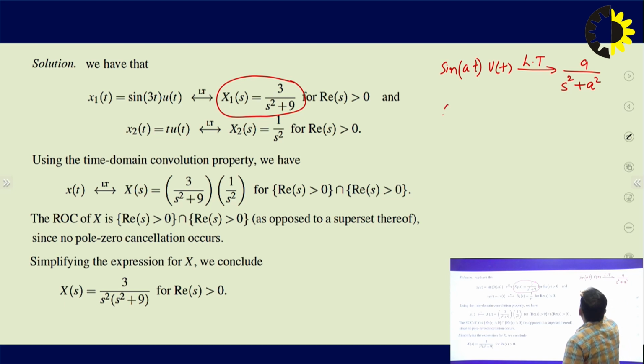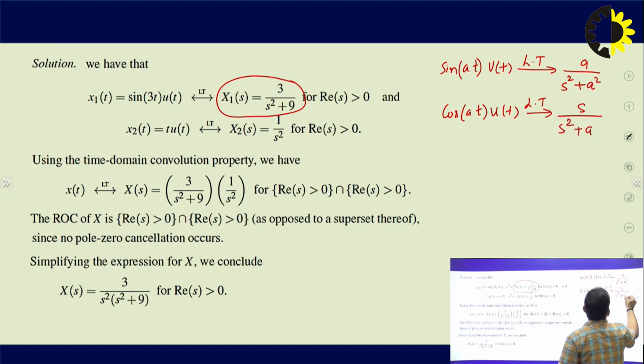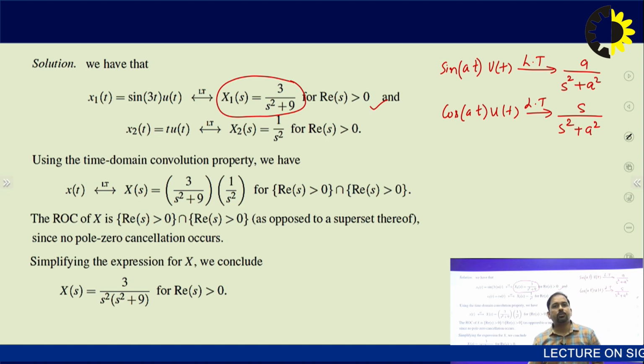A similar kind of result we can have for cos(at)u(t). The Laplace transform will be s divided by s squared plus a squared. So we have the first transform, which is X1(s), and this is 3 over s squared plus 9. So if we find the roots, this will be s equal to plus minus 3j.